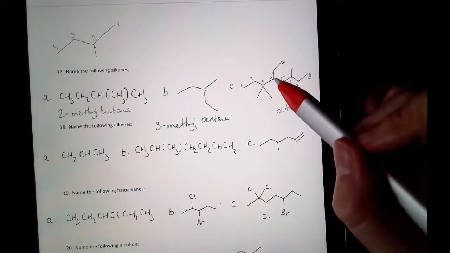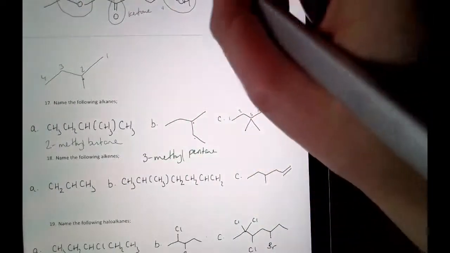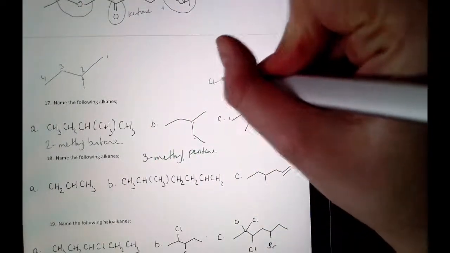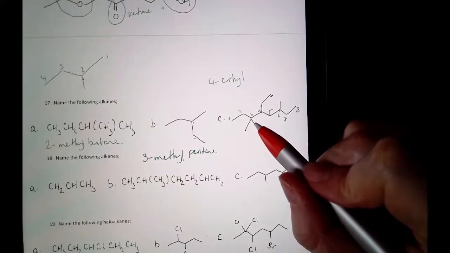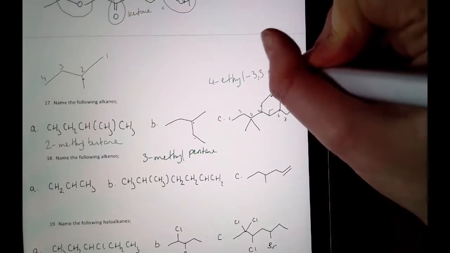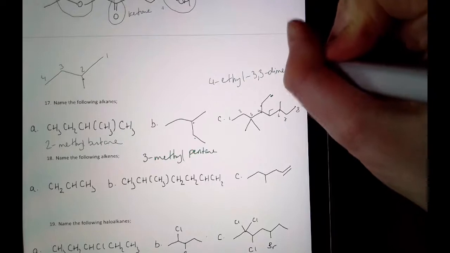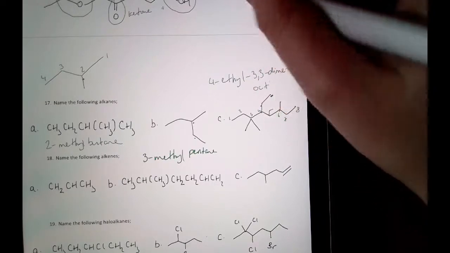The ethyl substituent is on carbon 4. I'm going to struggle to fit this all in, so I'm just going to write it above. It's going to be 4-ethyl. Then you've got 2 methyl groups. They're both on carbon 3. So it's going to be 3,3-dimethyl. And then, oh no, wait, I've got a third one.